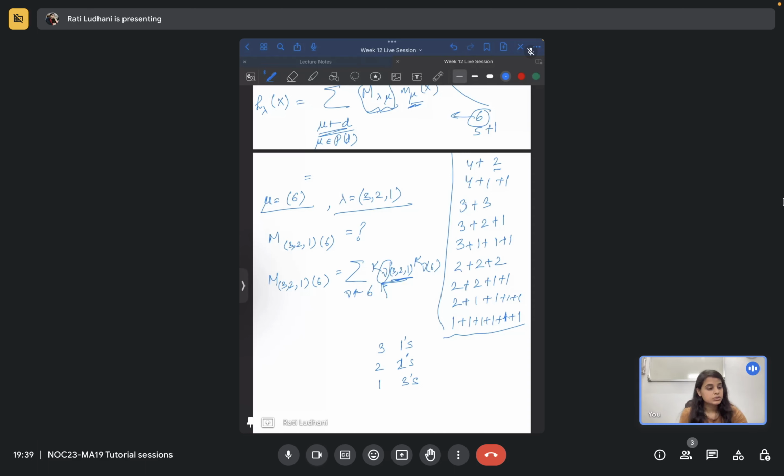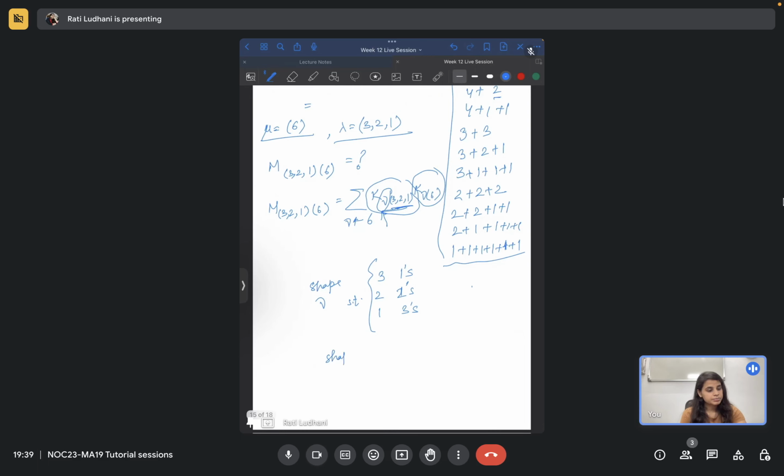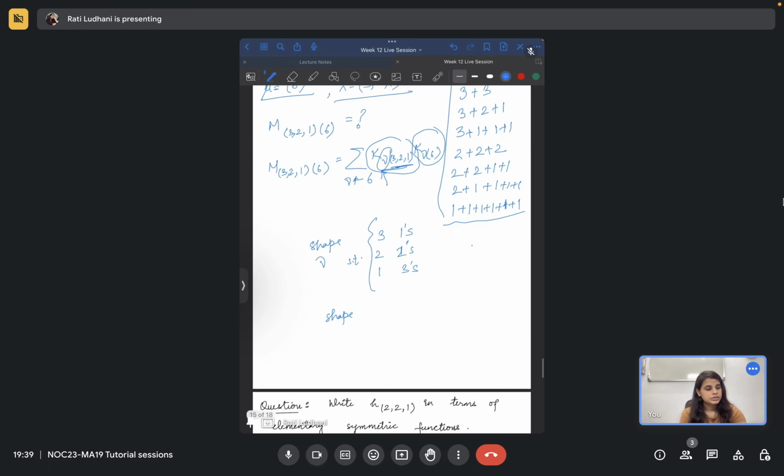We need to figure out both of these numbers. One more thing, both of them should be non-zero to have at least one value. So you are looking at some shape nu such that this happens, this will satisfy, and this is a partition, so it must be from all these options, right? Shape nu.